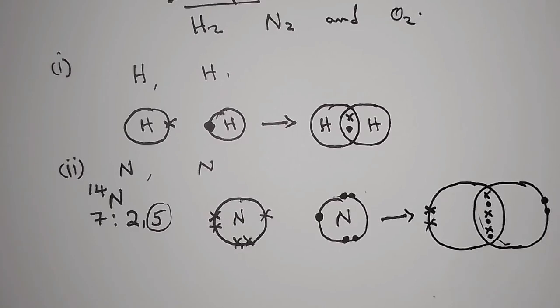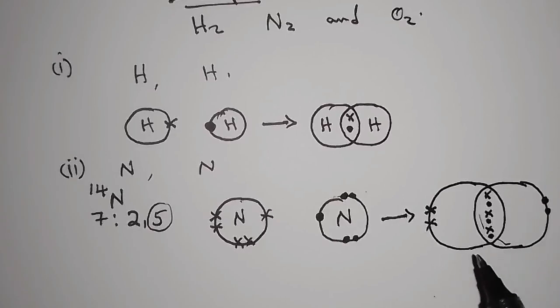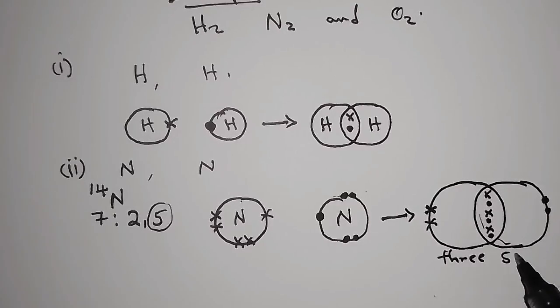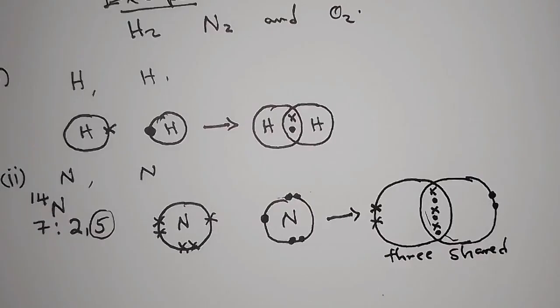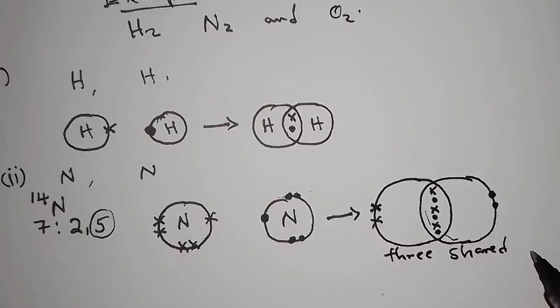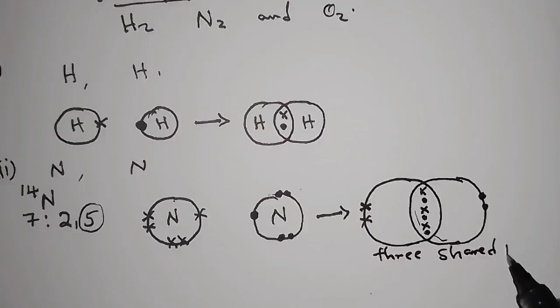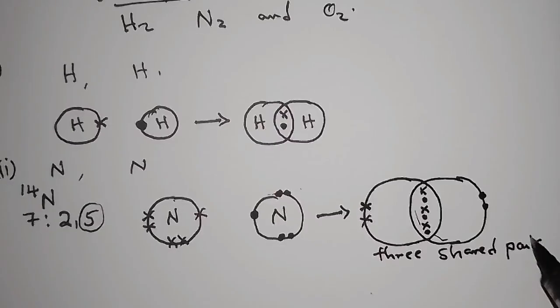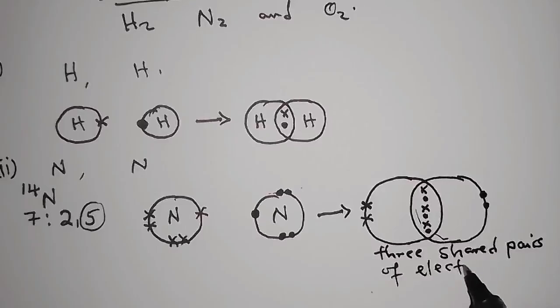So this makes it stable. And now we have actually shared 3 pairs of electrons.